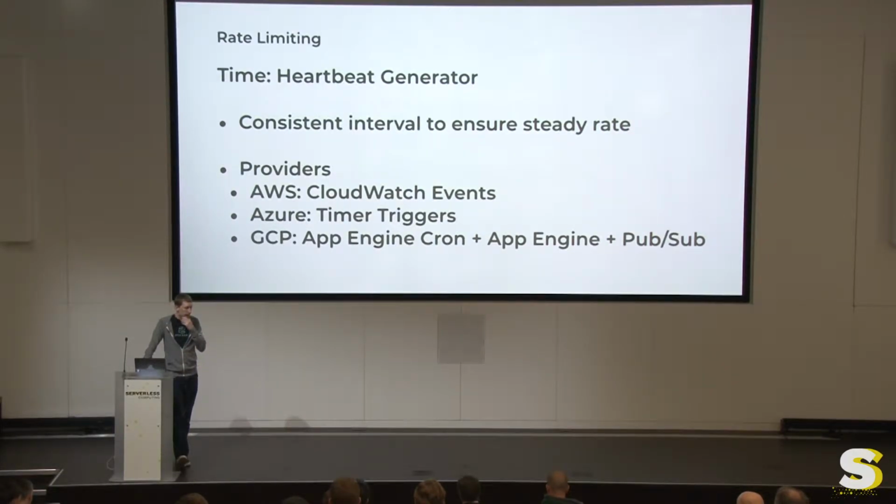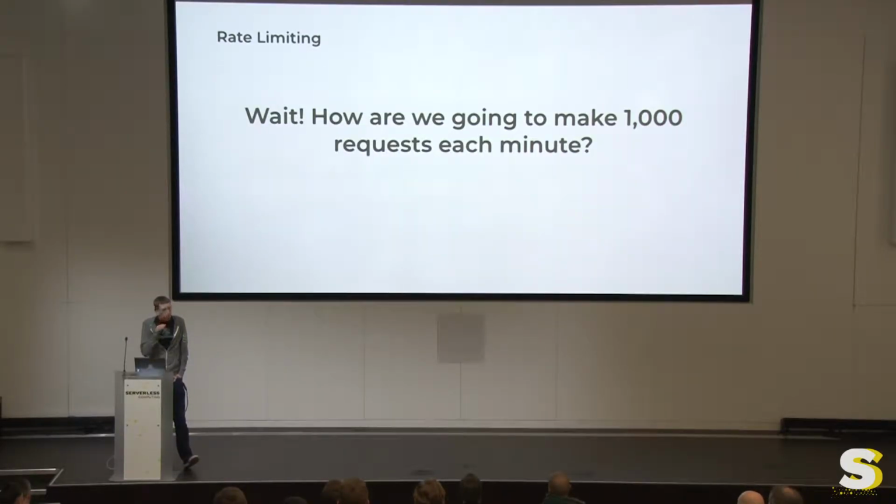GCP, way back a year ago when I first started building this, was a little more challenging: App Engine cron jobs plus App Engine plus Pub/Sub to invoke your functions. I think it's actually quite a bit easier today. They all have this mechanism for executing something on an interval of time. So we have a way to say invoke a set of functions every minute.